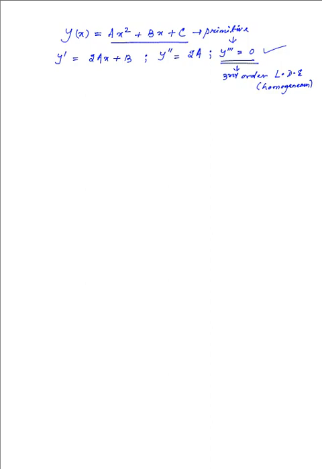So that is what we get to know, that an equation involving n essential arbitrary constants gives rise to an nth order differential equation. Now if we were to integrate this third equation once again, so y triple prime, and we integrate that.